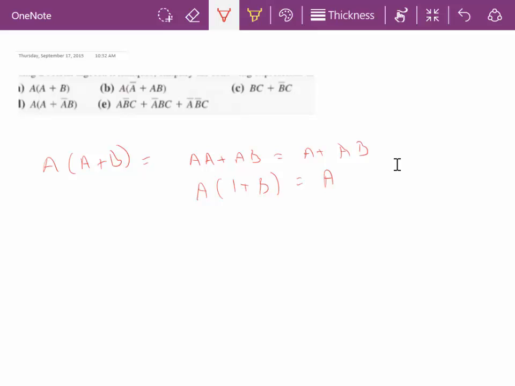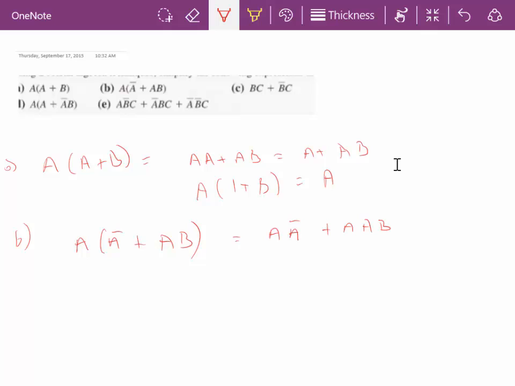So this is A(A' plus B), which is AA' plus AB. Now you can do this one different ways. One way of doing this, and it's my most common way of doing it, is to go through and just multiply everything out. So I'm left with AA' plus AB, right?